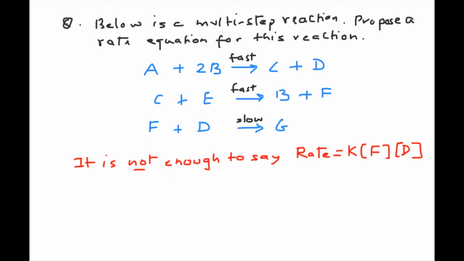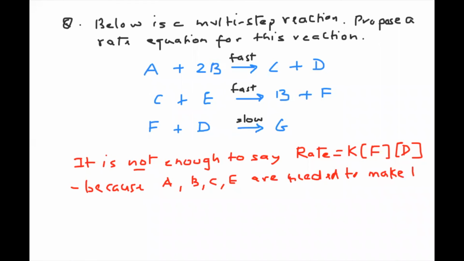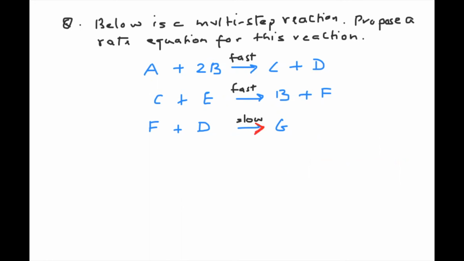You have to also take into account all the steps before which are needed to make F and D. To solve this question, you need to take into account everything that comes up to the arrow in the third step, cancelling things that appear on opposite sides or are the same.